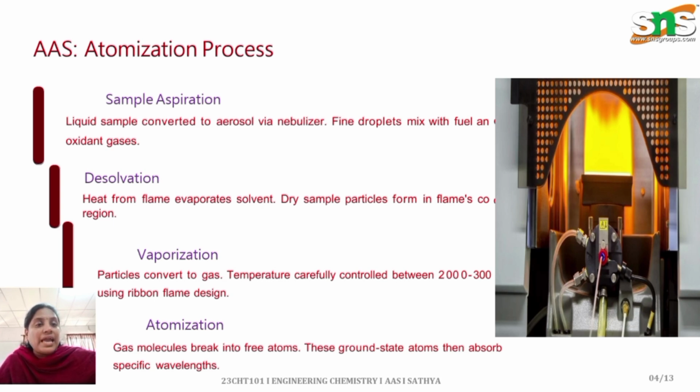The temperature is carefully controlled in the 2000 to 3000 range using the ribbon flame design. The final stage is atomization, where the gas molecules break down into free atoms. The metal compounds break into smaller units, that means free atoms. So these ground state atoms then absorb the specific wavelength.